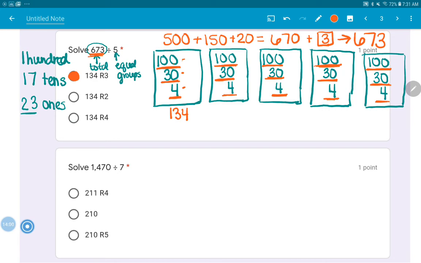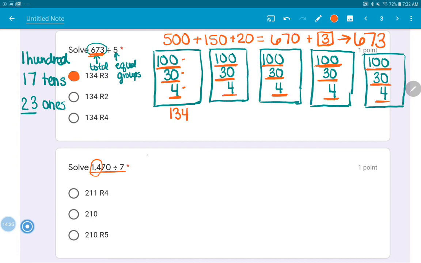And we're going to do this one a little bit differently. We've got 1,470 divided by 7. So if I look at this, I recognize automatically that 7 times 2 equals 14.